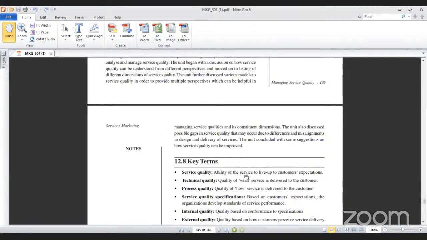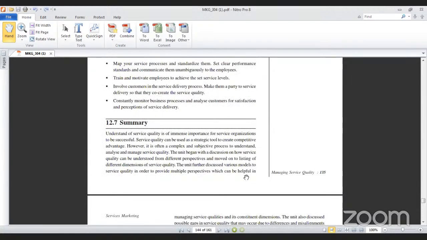In this chapter's summary, we understand that service quality is of importance for service organizations to be successful. Service quality can be used as a strategic tool to create competitive advantage. However, it is often a complex and subjective process to understand, analyze, and manage service quality.